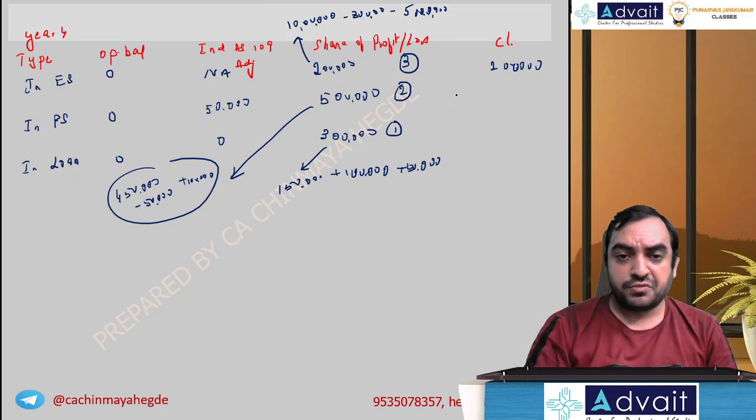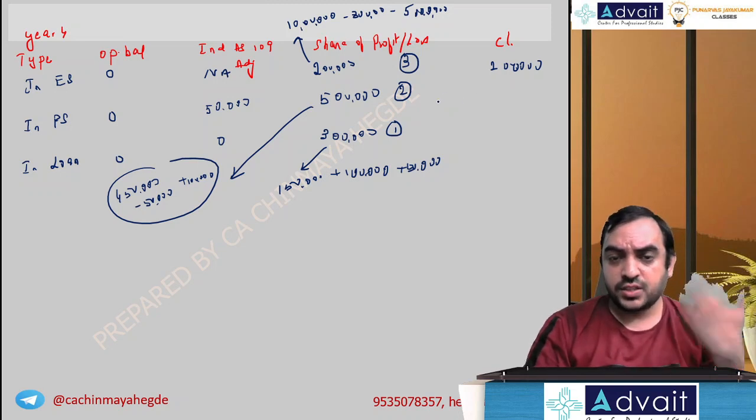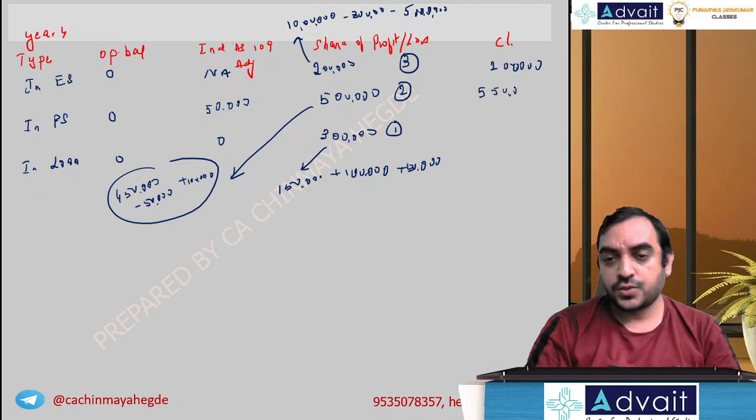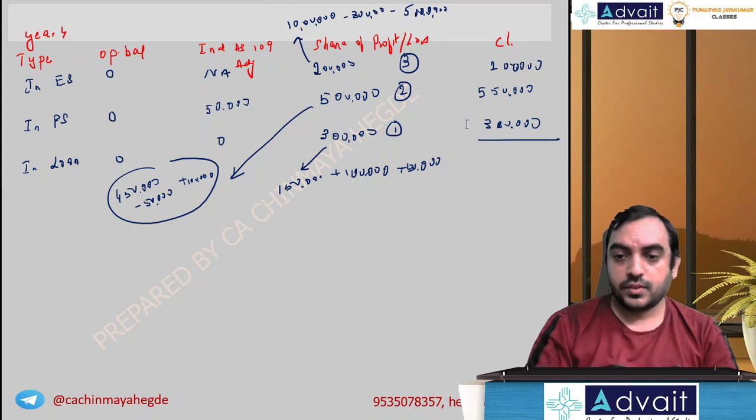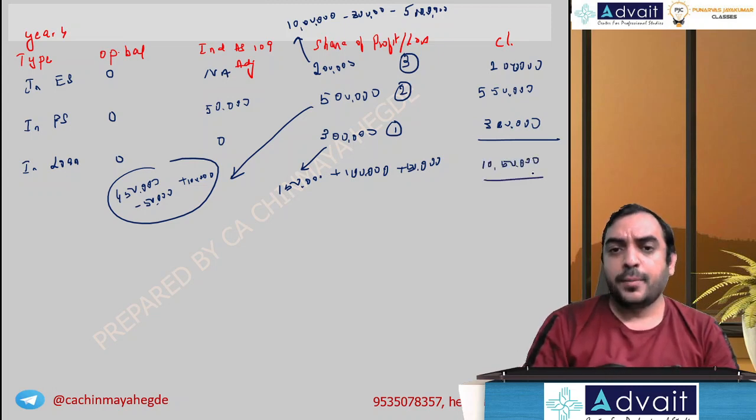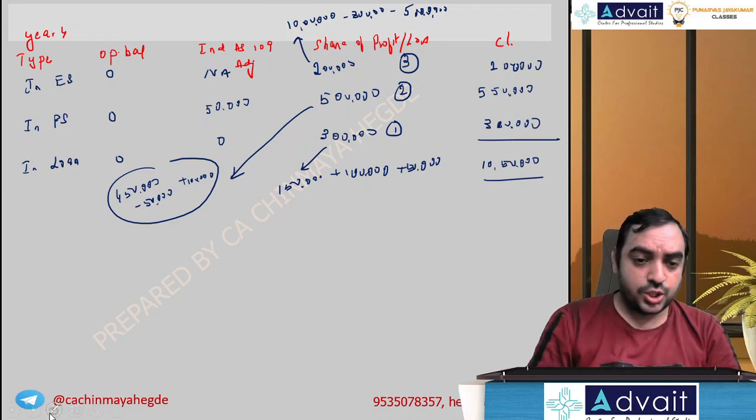Preference shares 50,000, 5 lakh, 50,000 is already a positive number, plus 5 lakh means 5 lakh 50,000. 0 plus 3 lakh, that becomes 3 lakh. So 2 lakh, 5 lakh 50,000 and 3 lakh. So 10 lakh 50,000. Perfect.